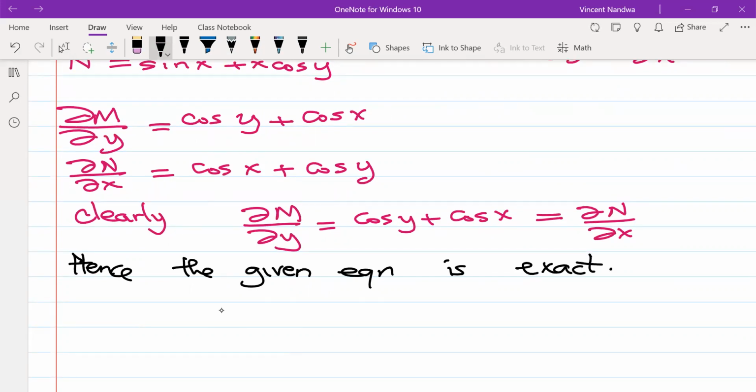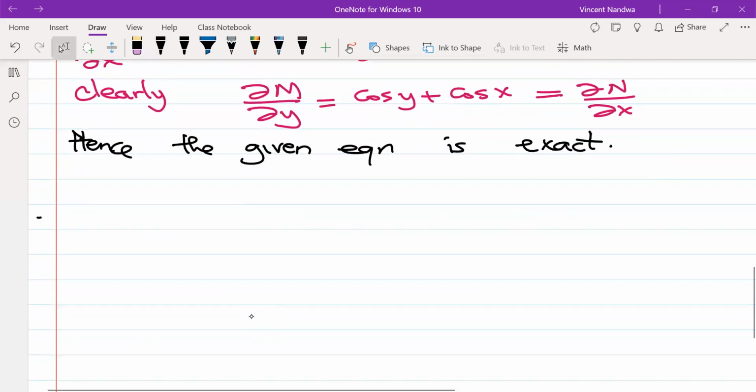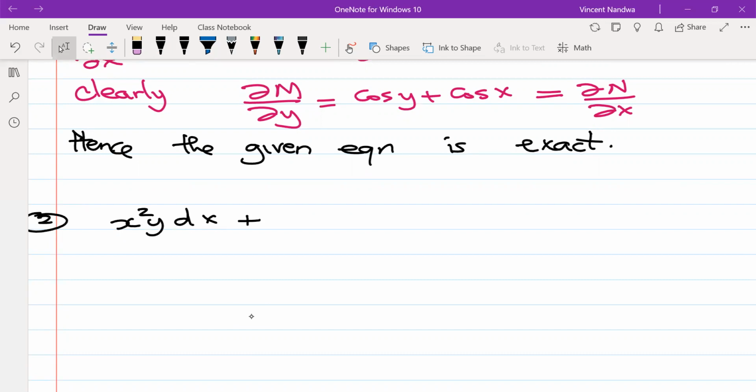Number 2, x squared y dx plus 5x y squared dy equals 0.